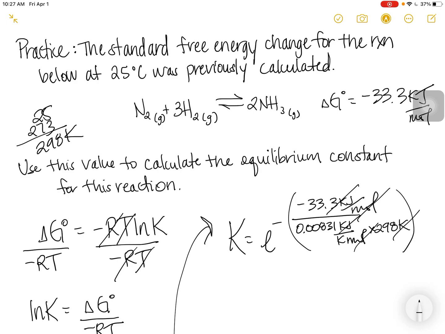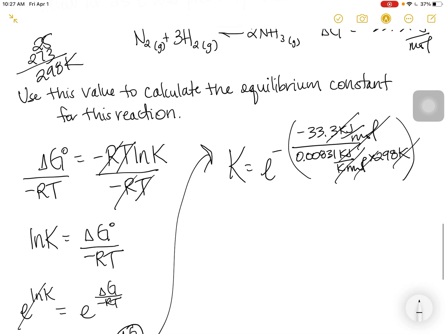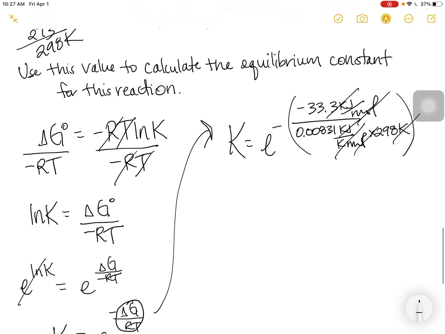Check out your units. Everything cancels, which hopefully sits okay with you because K is a unitless number. And then I end up with K equals E to the negative some number. This value up here is just a number, and I did not calculate that, so let me do that real quick.